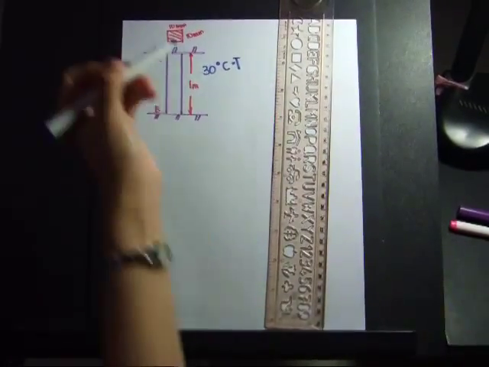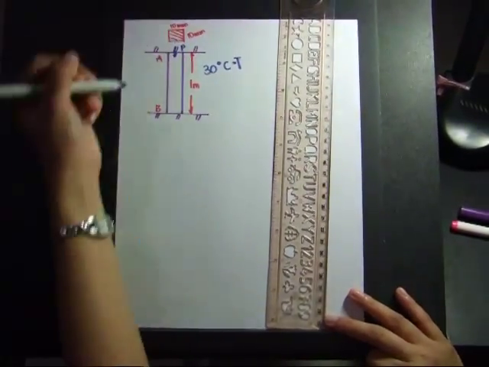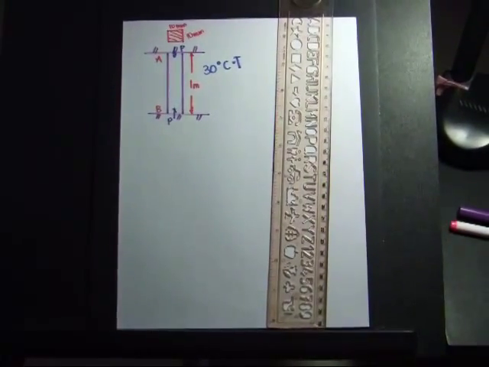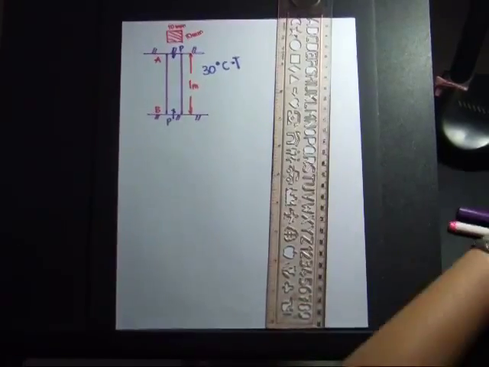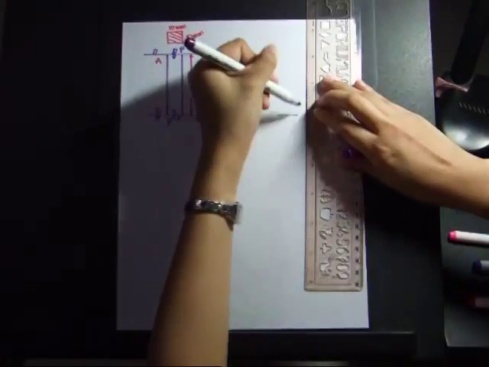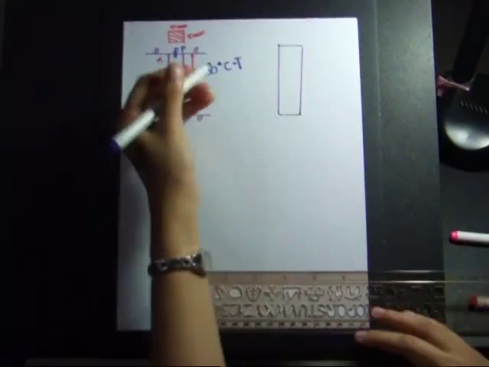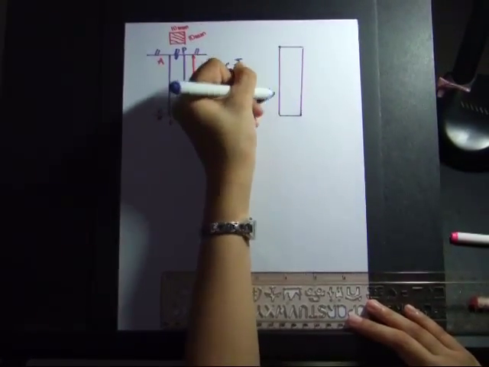So in support A, there is a downward force, and in support B, there is an upward force. So in this problem, we have to determine the average normal stress developed in the bar if the temperature is raised to 60 degrees Celsius.